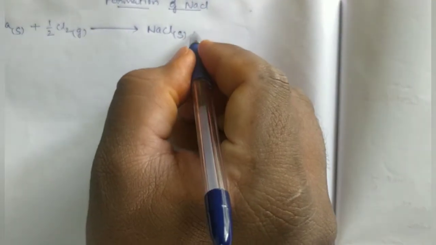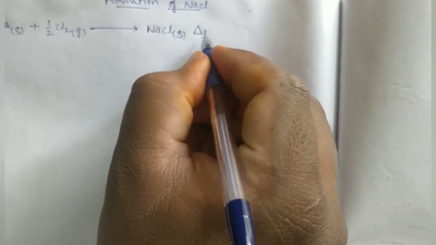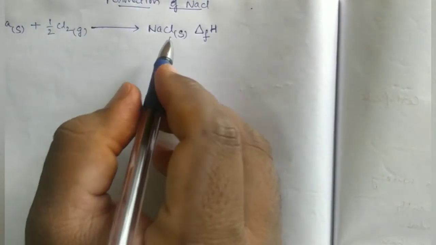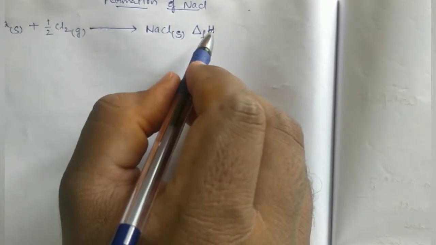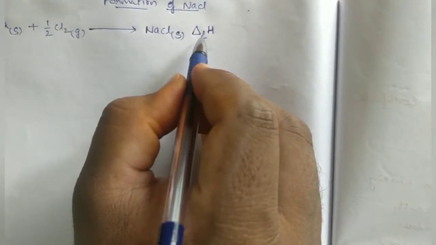For this, the enthalpy of reaction is nothing but the standard enthalpy of formation. While this reaction is happening, the amount of energy involved is called the standard enthalpy of formation.